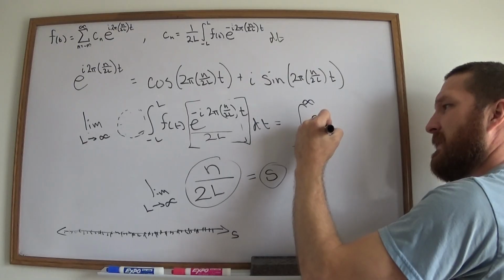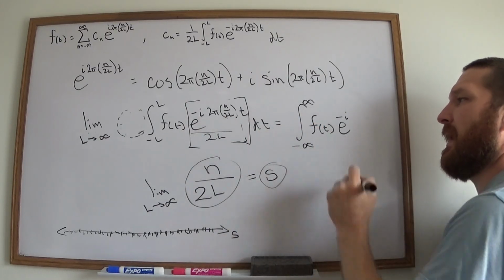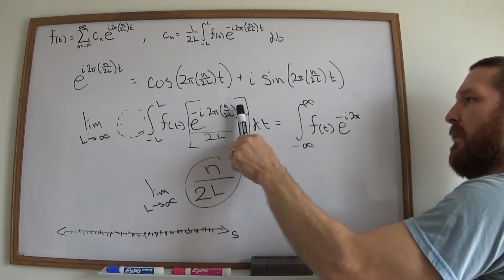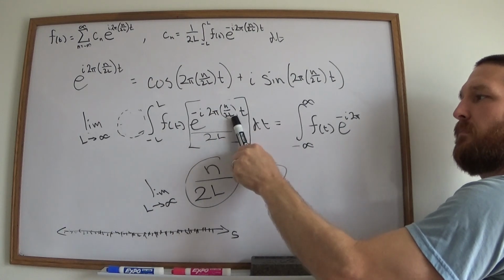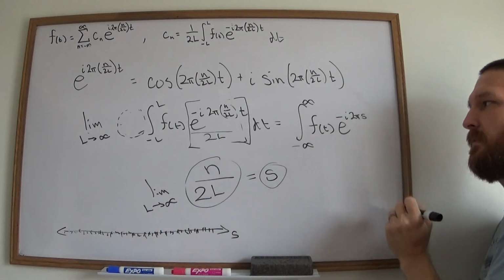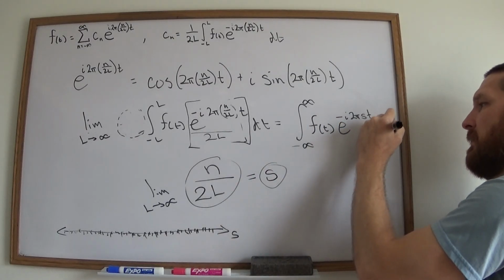And we have f of t. Now, this thing is e to the minus i 2 pi, and this could be any number you choose. Any number you like. Let's just call it S, and that's the frequency, times t dt.